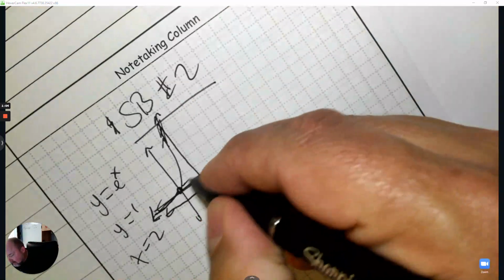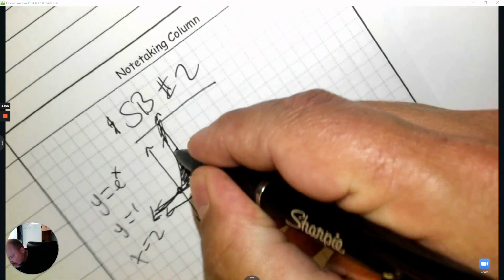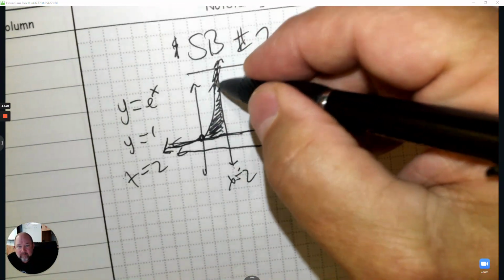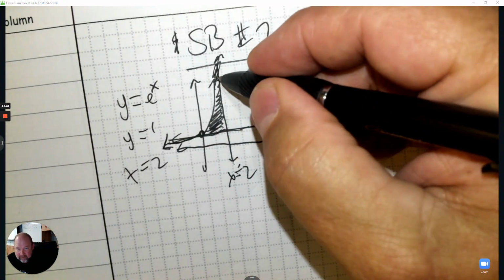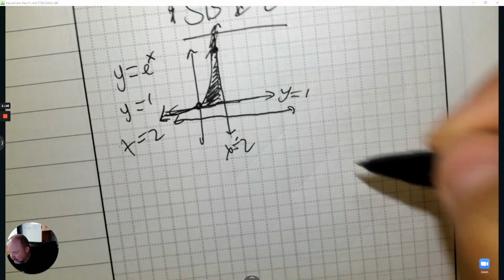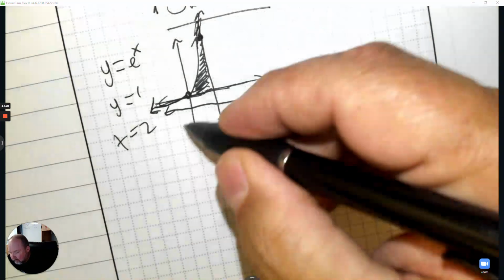And then you can see that this is that shaded area where you have the curve. They're going to meet up there. We might need to know where that point is, but we know the x values.